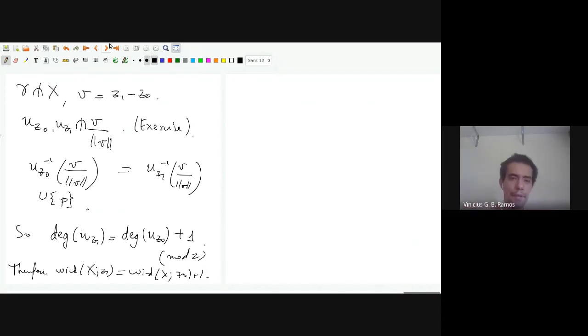And then the last step is just to conclude the proof. So we know that in Rn minus X, U0 and U1 are both non-empty, because you can easily find points that have the two possible winding numbers.